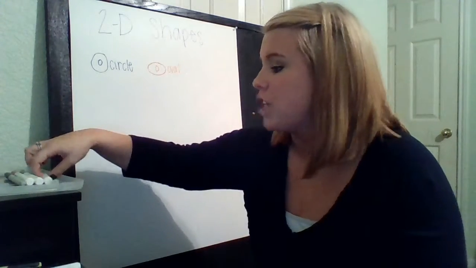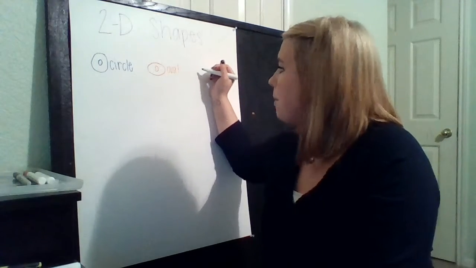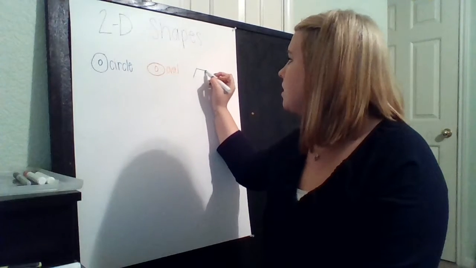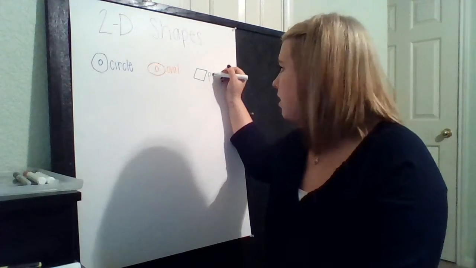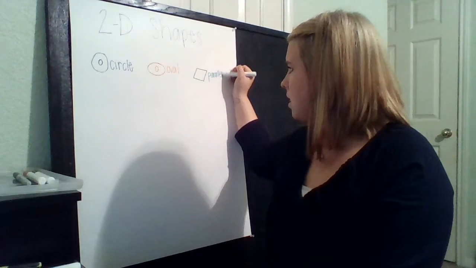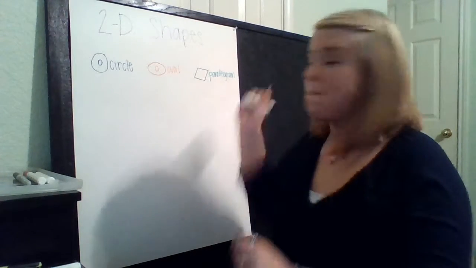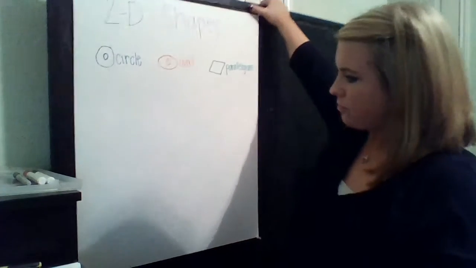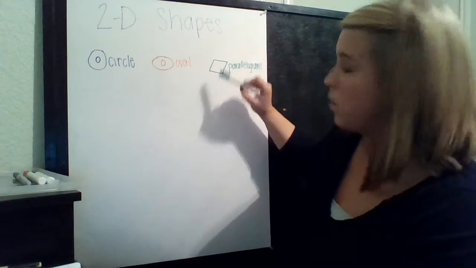So the next shape that we are going to do is a parallelogram. Okay? So I'm going to draw it first and then we're going to talk about it. So we have our sides. And then I'm going to label it, of course, parallelogram. If you can look at it, you can see that the parallelogram has 4 sides.